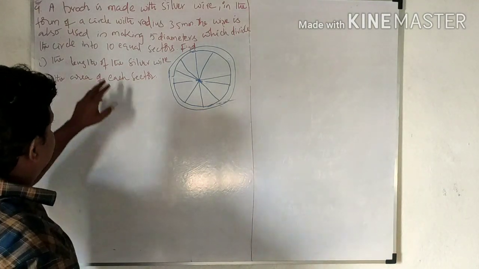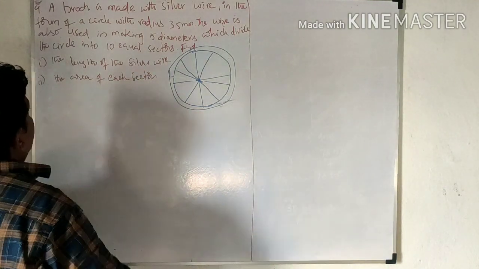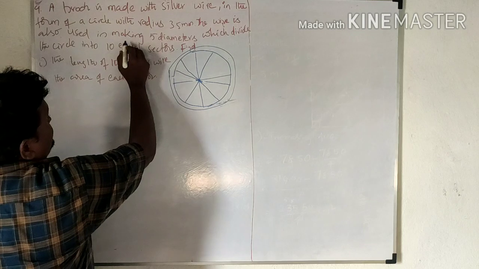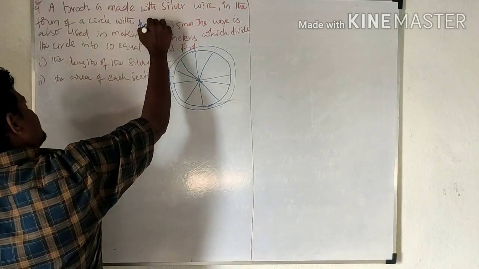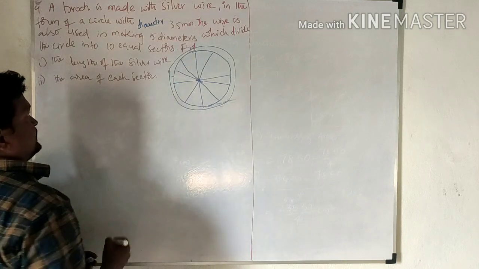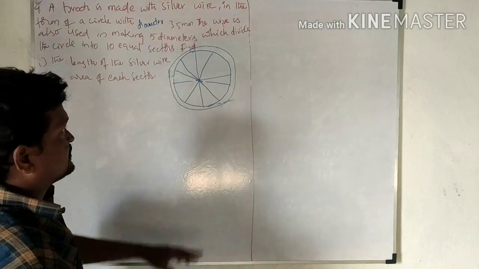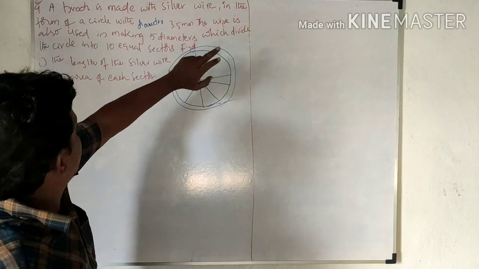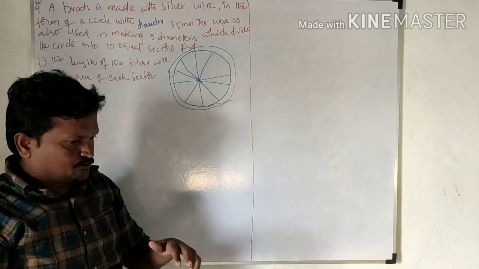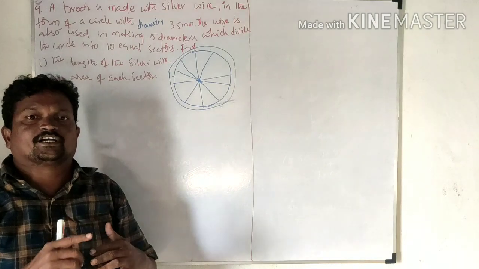So they made this brooch in the form of a circle with not radius, it is diameter. It is a diameter of 35 millimeters. The wire used in making it is 5 diameters long.